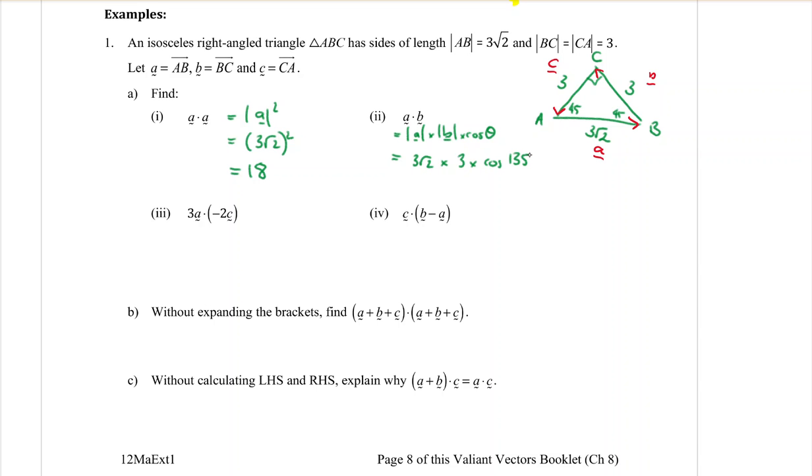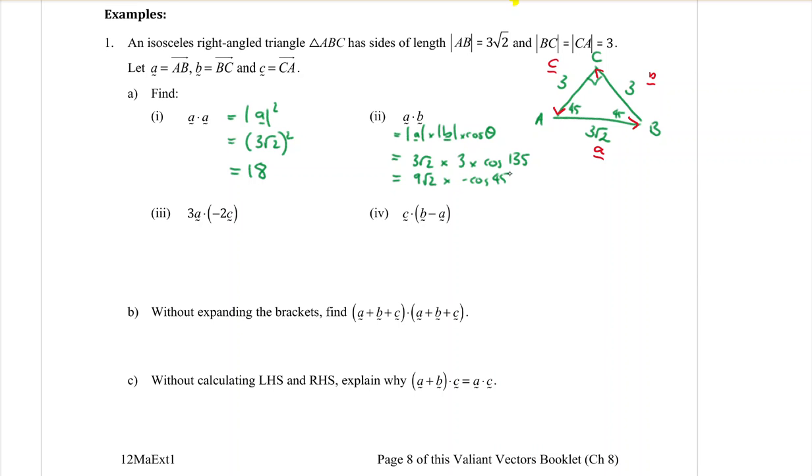But you will need to try to leave answers in exact form most of the time. So sometimes you'll need to resort to your exact value triangles to work those out. So that's what I did. I didn't use my calculator, I went through and worked that out exactly. So cos of 135 is the same as negative cos of 45, because 135 is in the second quadrant. So it's going to be 9 root 2 times negative cos of 45.